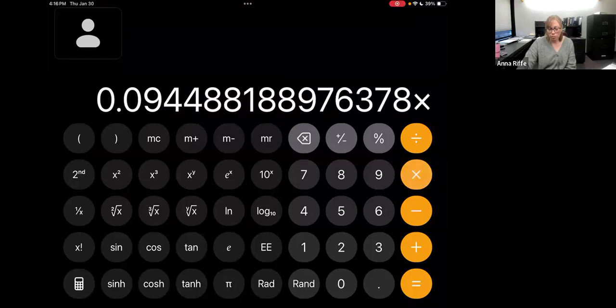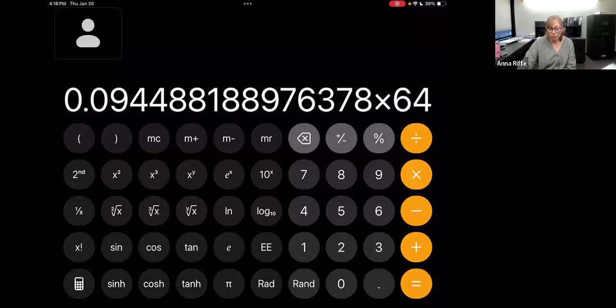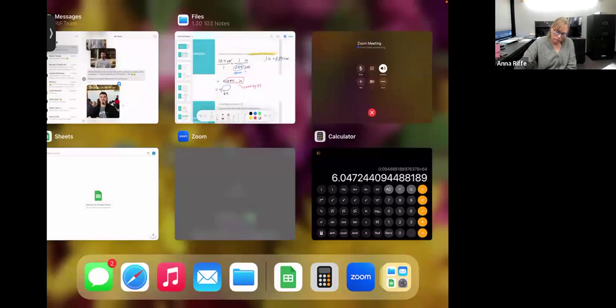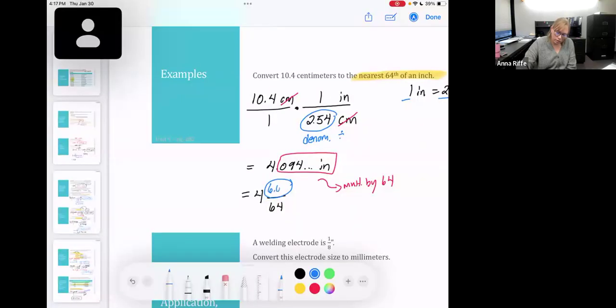I'm going to multiply that by 64. And that gives me 6.04 something. Okay, so that is the number of 64ths of an inch. So it's 6.04, etc.